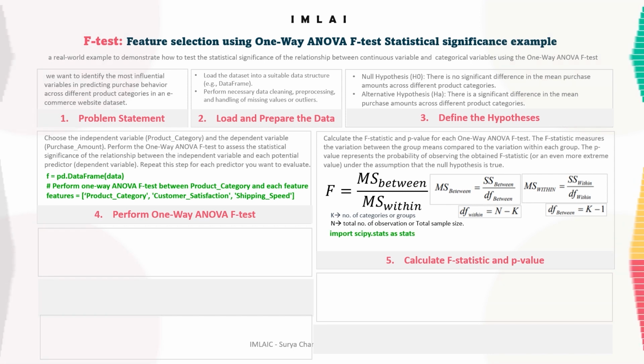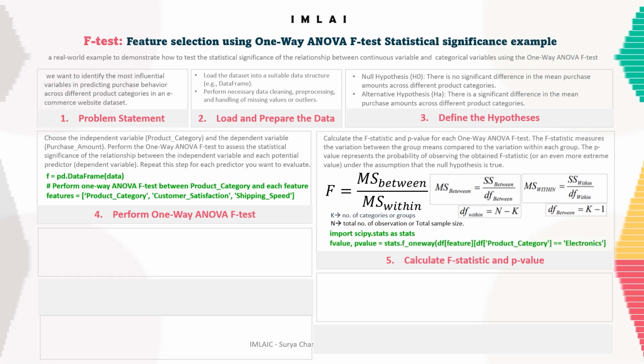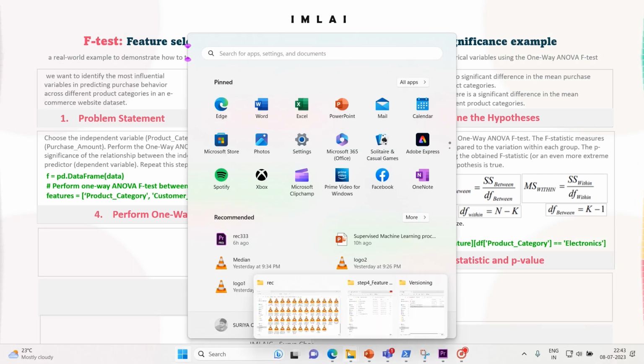But we won't be calculating manually. We are going to use the stats module from the SciPy library, and from the stats module we're going to call the stats.f_oneway method to calculate the F value and p value. At the same time, we will also calculate the degrees of freedom, and in addition we'll be calculating the critical value also.